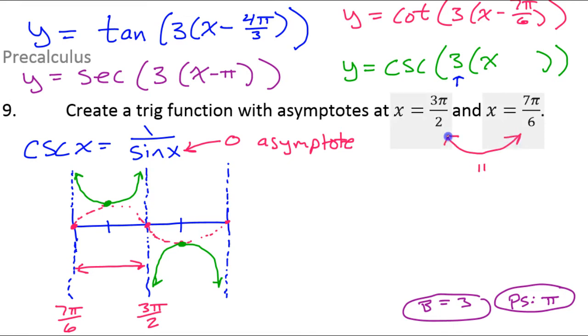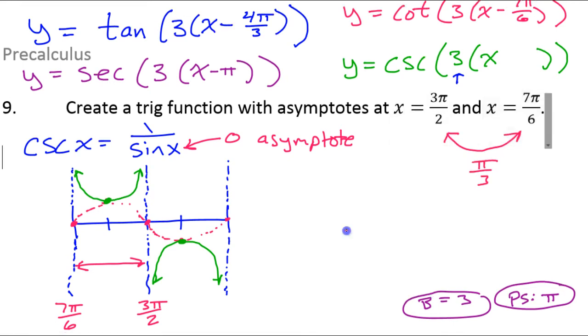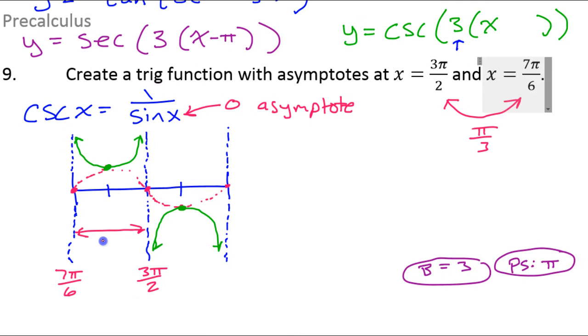So if this distance is pi over 3, that's half of the period. So then a full period should be double that. So a full period should be 2 pi over 3.